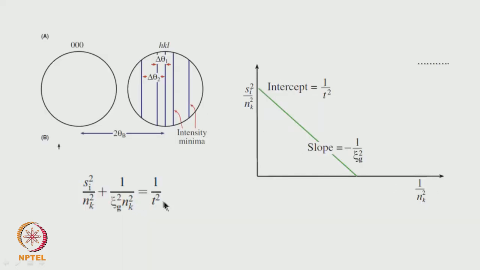There are ways to do it. I am not going into detail, you can study it later. Essentially, if you try to plot Si squared by Nk squared, because this is only the mathematical jugglery we are trying to do, versus 1 by t squared, the slope of it will be 1 by t squared, from which the thickness of the foil could be determined.